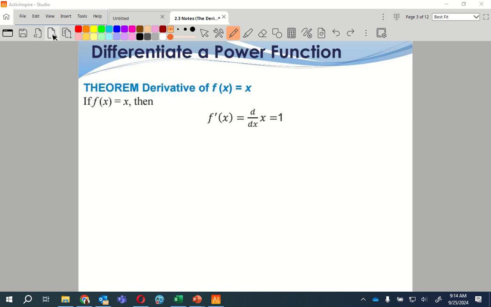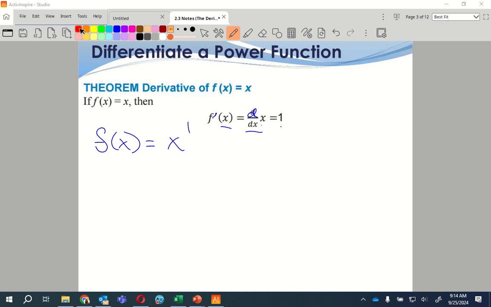Right here, same thing. Taking the derivative in terms of x, we get just 1. So I'm going to rewrite this as f of x equals x to the first power.